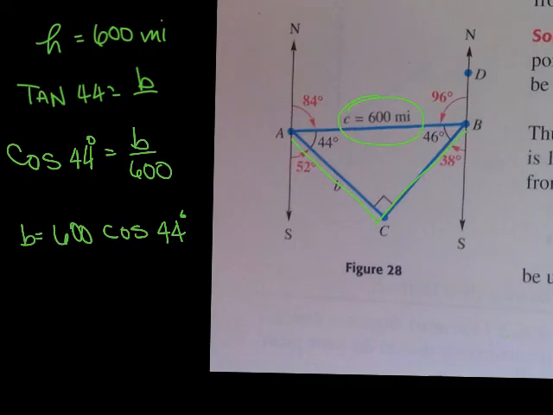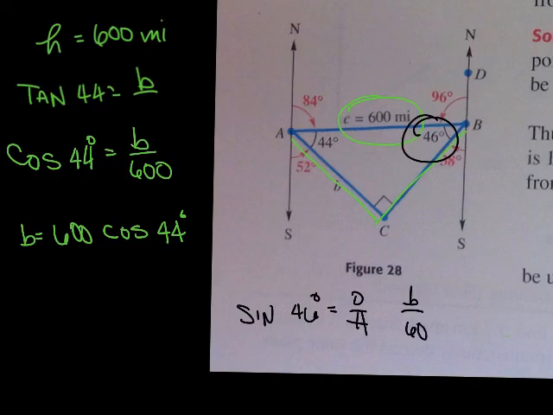Now, I could have used this over here and used the sine of 46 degrees, because that equals opposite over hypotenuse, which is B over 600. And then I could have multiplied 600 times the sine of 46 degrees and gotten my 430 miles as well. So either way works fine. So that is 2.5a. 2.5b will continue on.